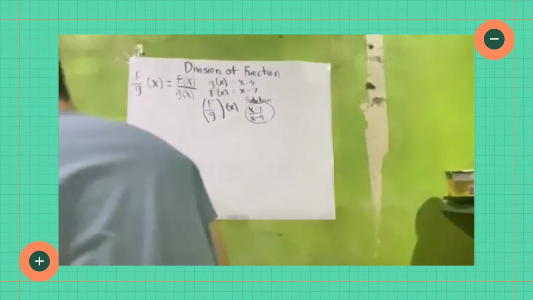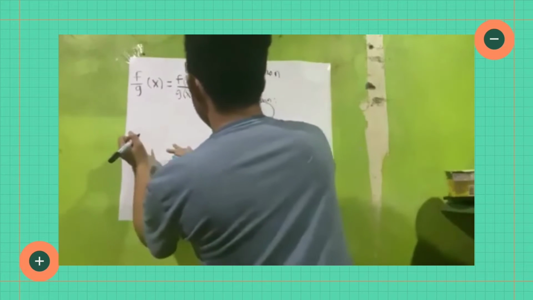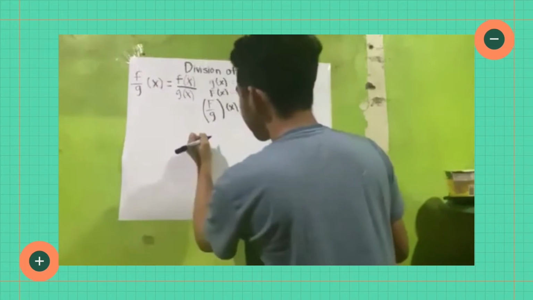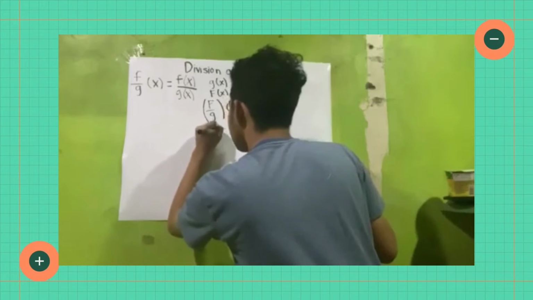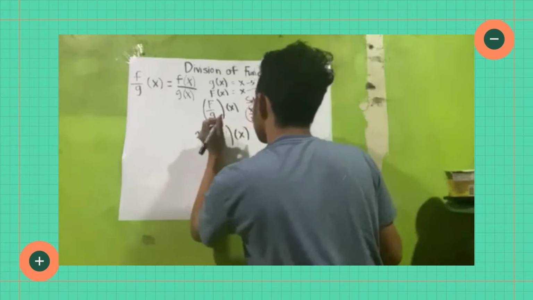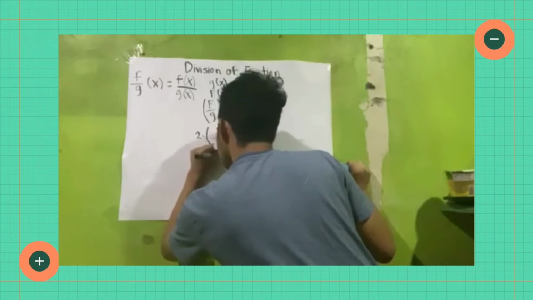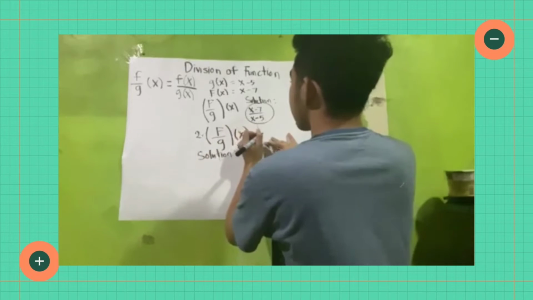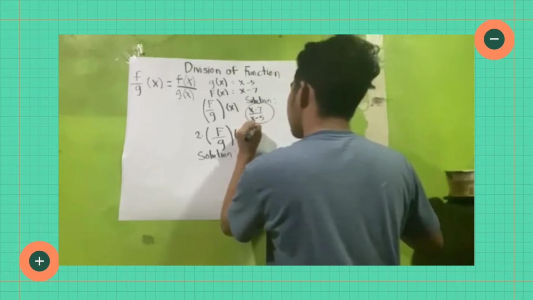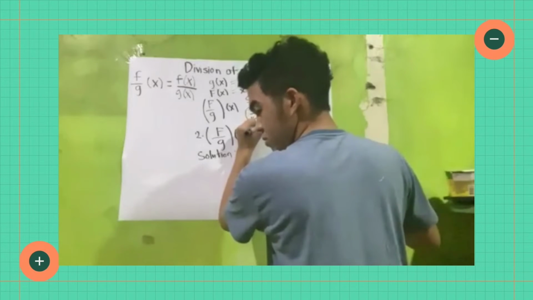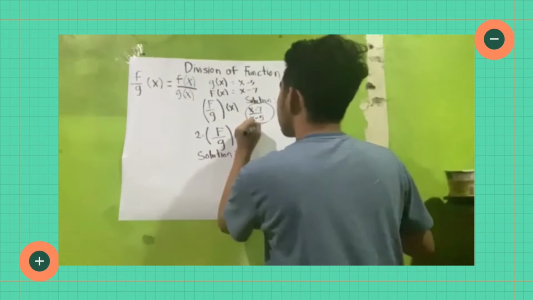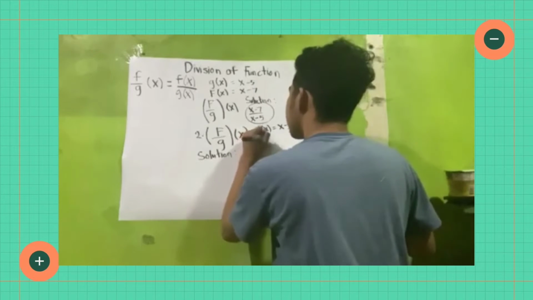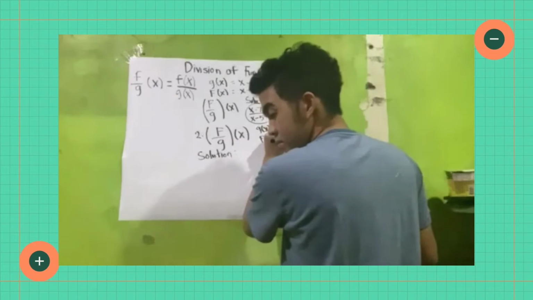Another example. Then g(x) equals x minus 3, and f(x) equals x minus 3.